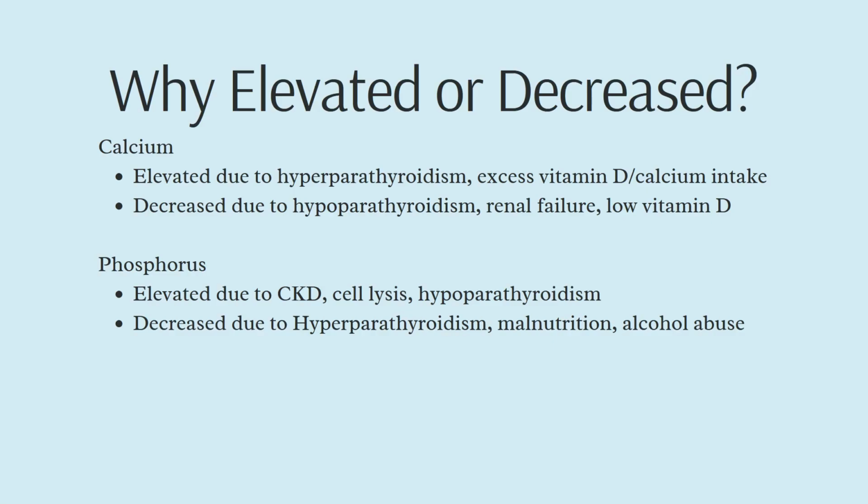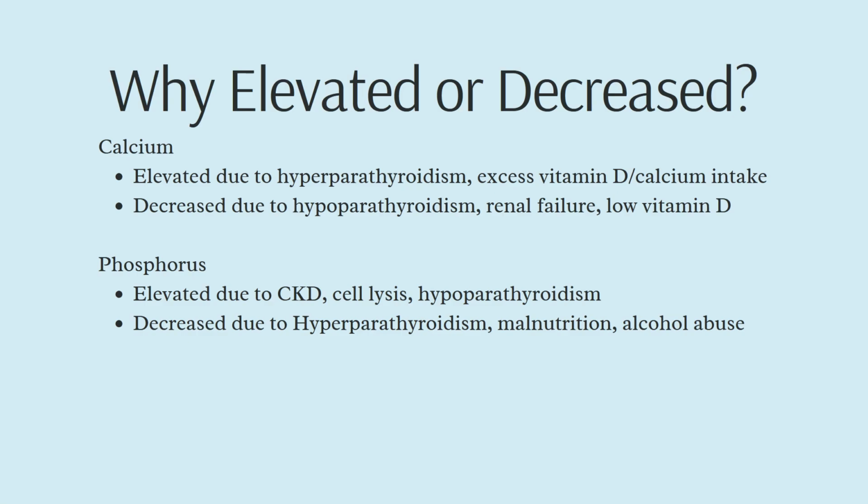So why is it increased or why does it decrease? Calcium is usually elevated due to hyperparathyroidism or excess vitamin D or calcium intake. It can be decreased due to hypoparathyroidism, renal failure, and low vitamin D intake.